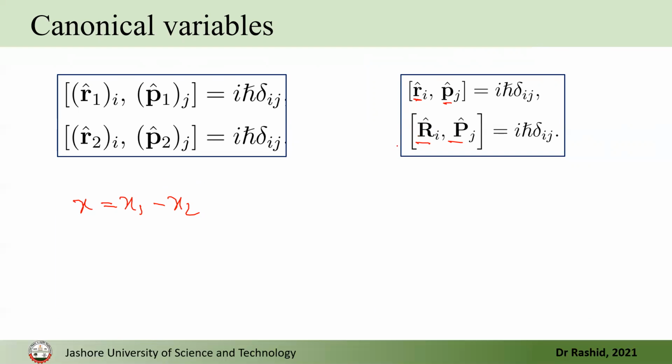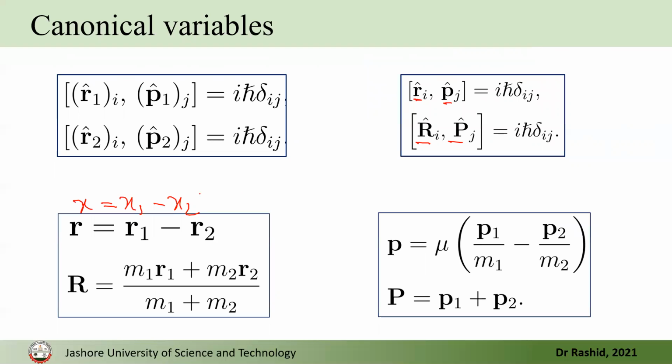And for the small p, it would be mu by p1x by m1 minus p2x by m2.